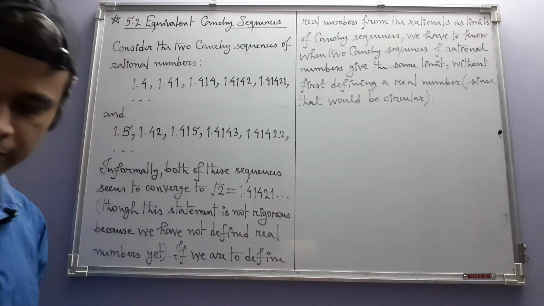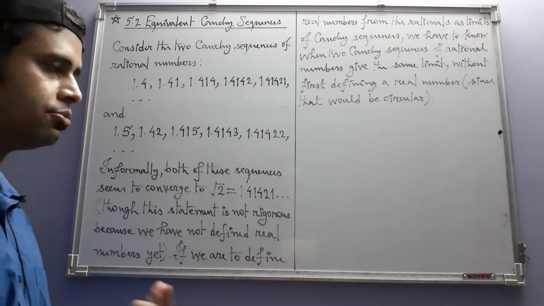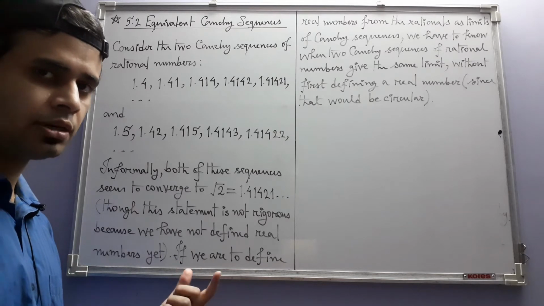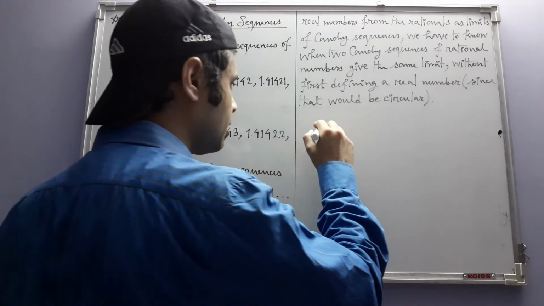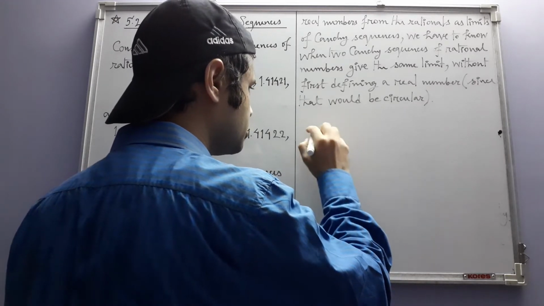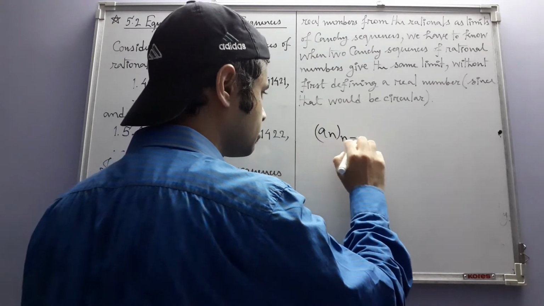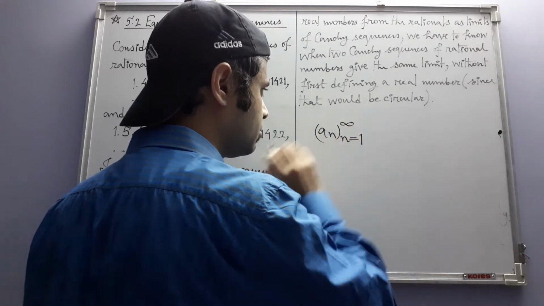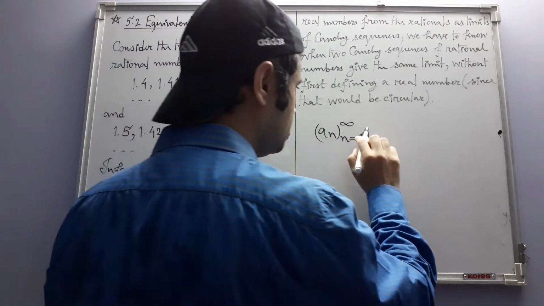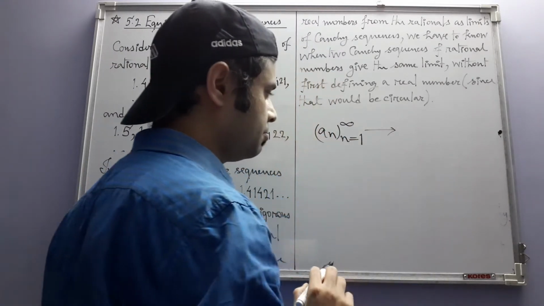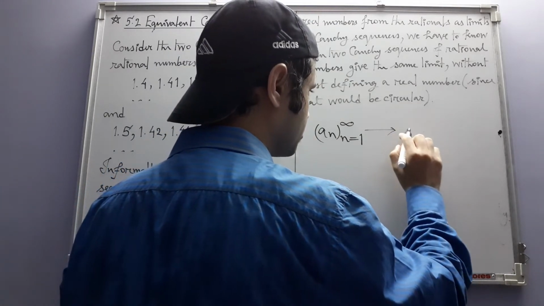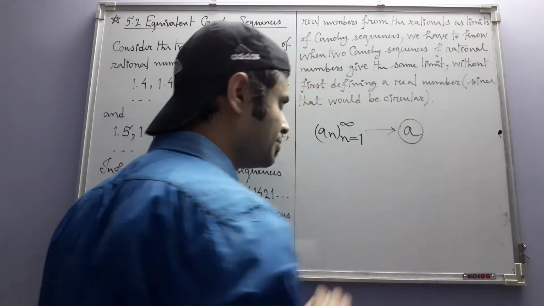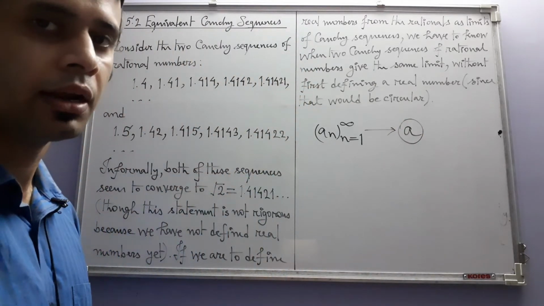Now note that if you are using Cauchy sequences of rational numbers to define real numbers in this way, say you have a Cauchy sequence of rational numbers. To this Cauchy sequence you associate an object which you are calling a real number.